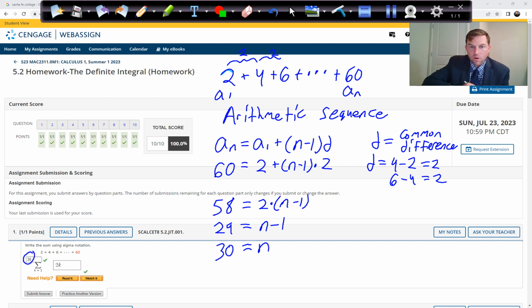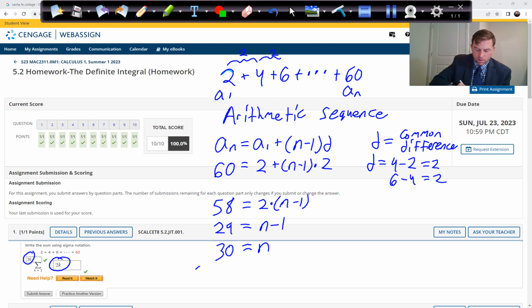Now we have to put what represents these numbers. Well, these numbers are just doubling in effect. If k is 1, you get 2, but then you're doubling that, so this is just 2k.